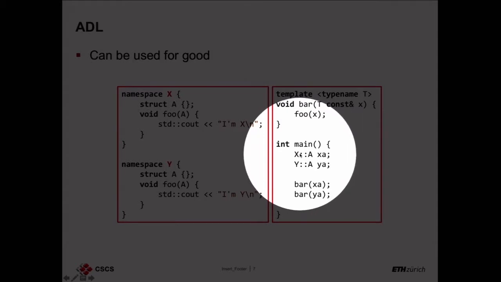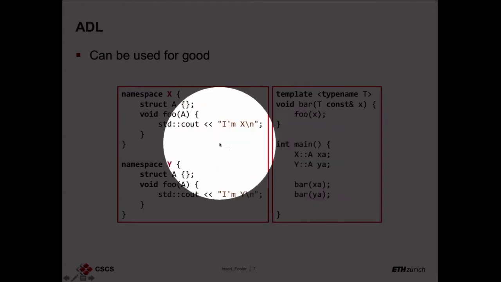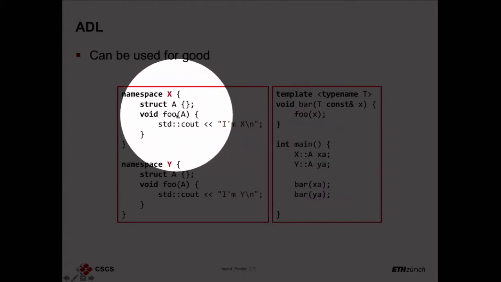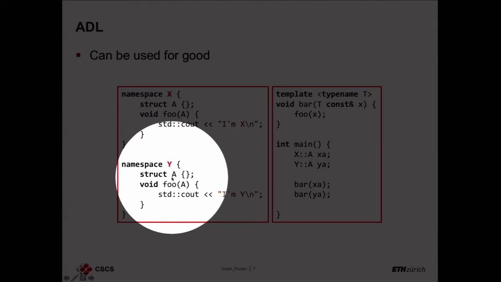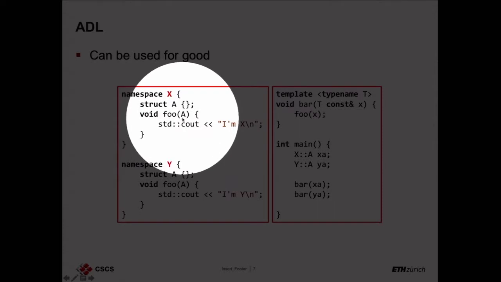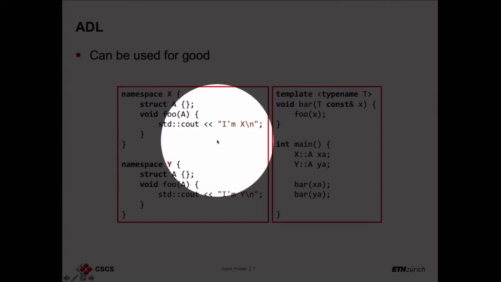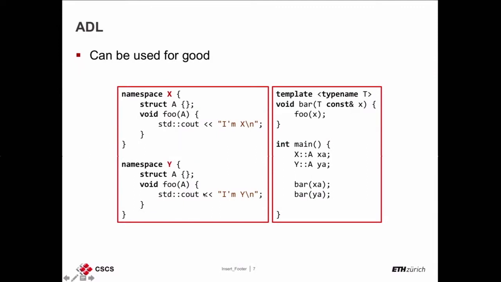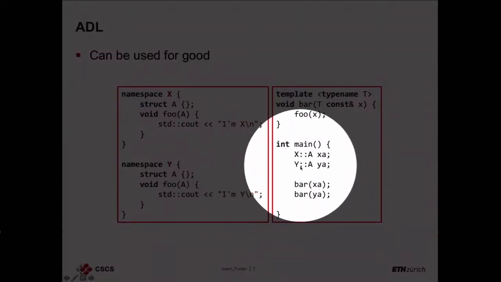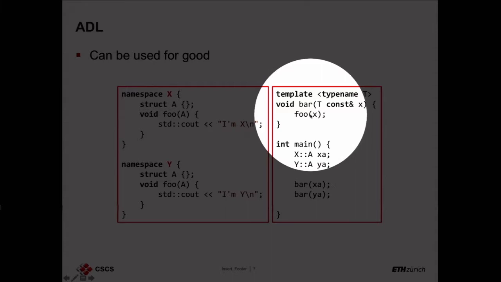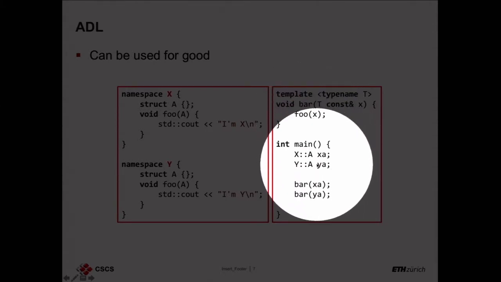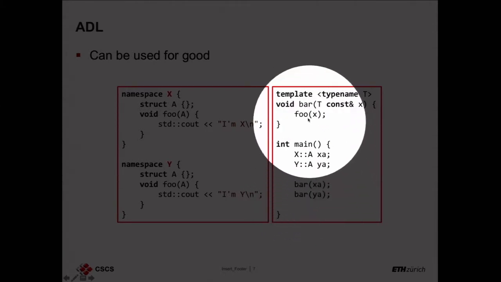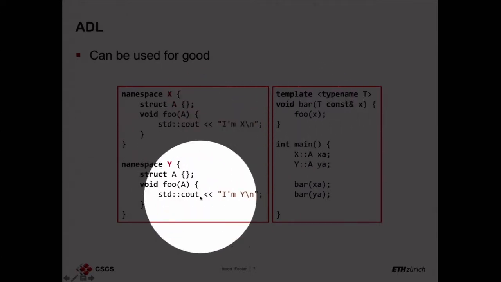We have a class A defined in namespace X and a class A defined in namespace Y. So I have a namespace X and there's a class, a namespace Y with another class with the same name A. And also a function foo that takes A, and then it prints I'm X or I'm Y. Then in my main, I can call this function foo, and depending on the type that I'm passing, bar XA will call foo X, but foo X will go to the right version.